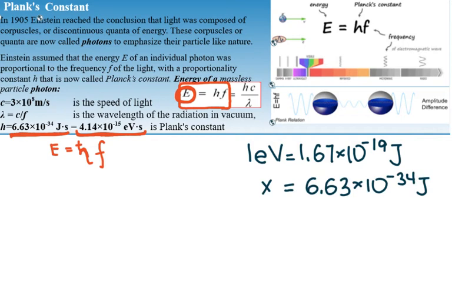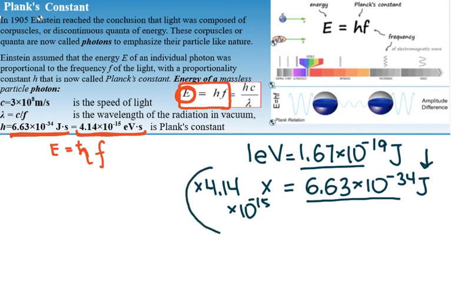So I'm going to rewrite Planck's constant like this. I have x is equal to 6.63 × 10^-34 joules, and 1 electron volt is equal to this much. So how do I go from this number to this number? I have to multiply it by 4.14 × 10^-15.